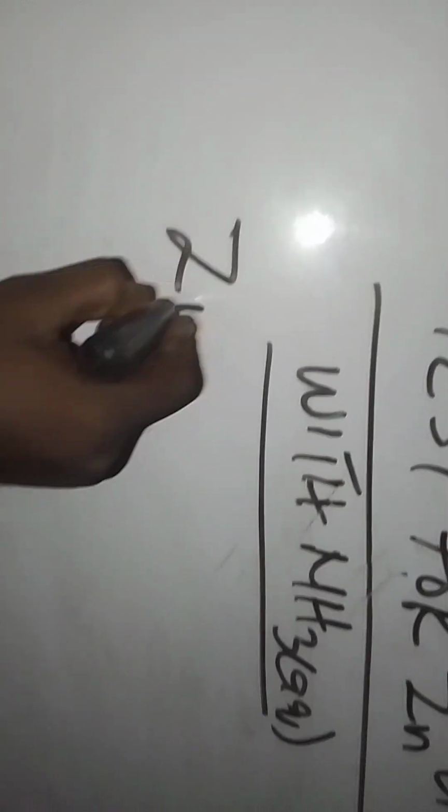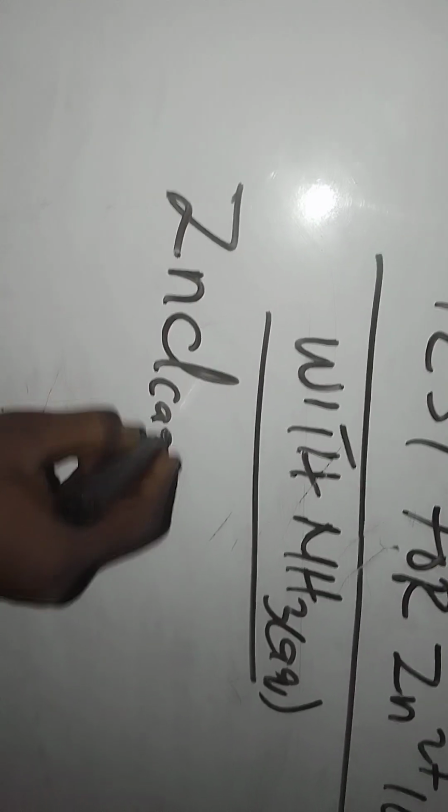So with test for zinc 2 ion with ammonia solution, the compound is zinc chloride, which is a colorless solution.